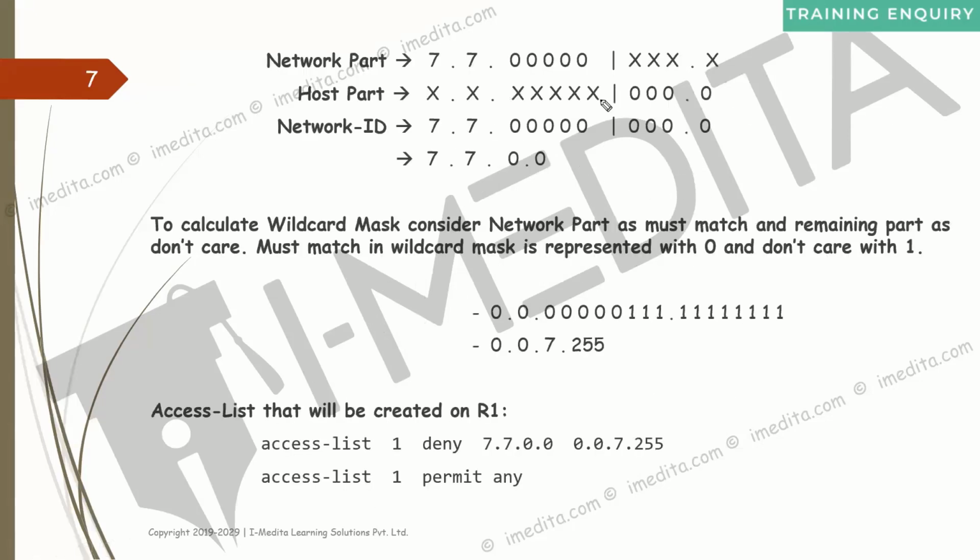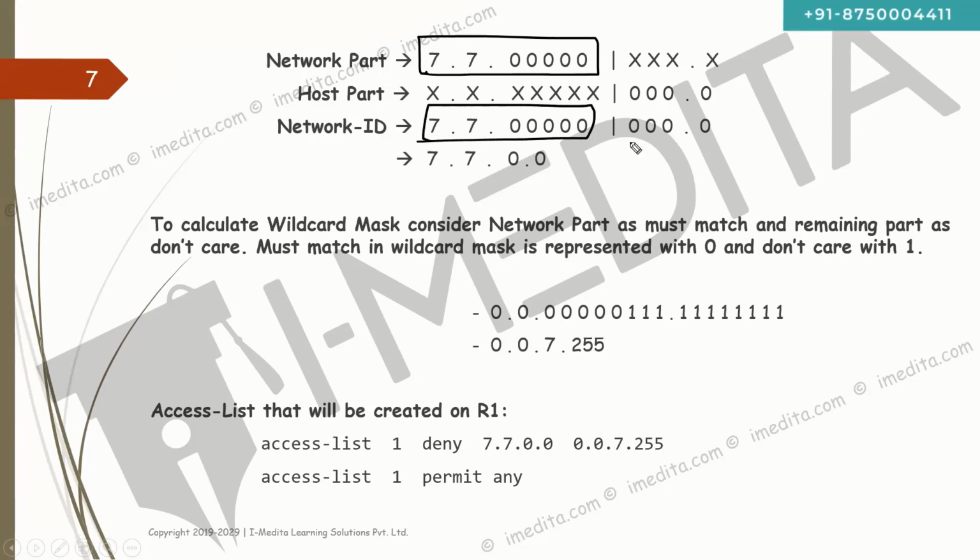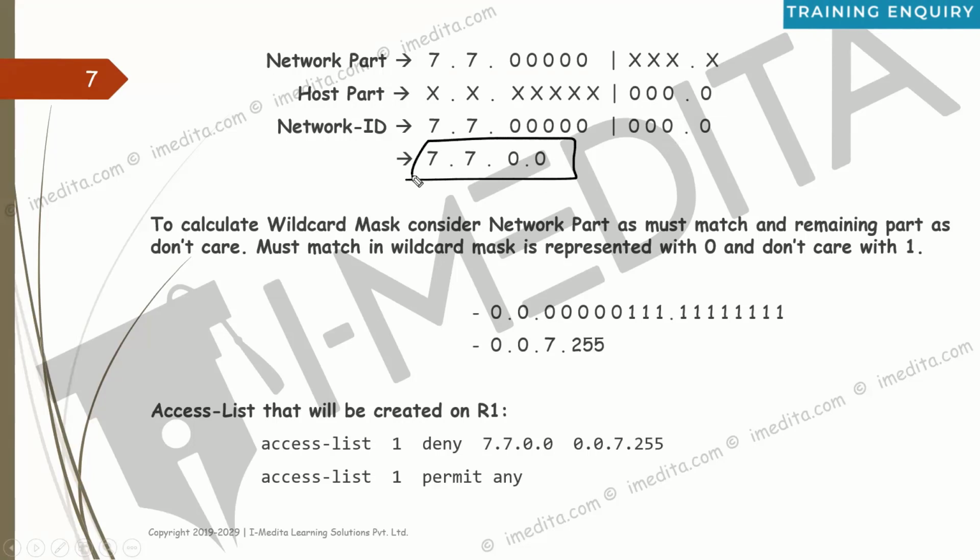To write down the network ID, the host part must become all 0. So I put the network part as it is, and I put the host part as all 0. The result came to be 7.7.0.0. This is going to be the network ID.